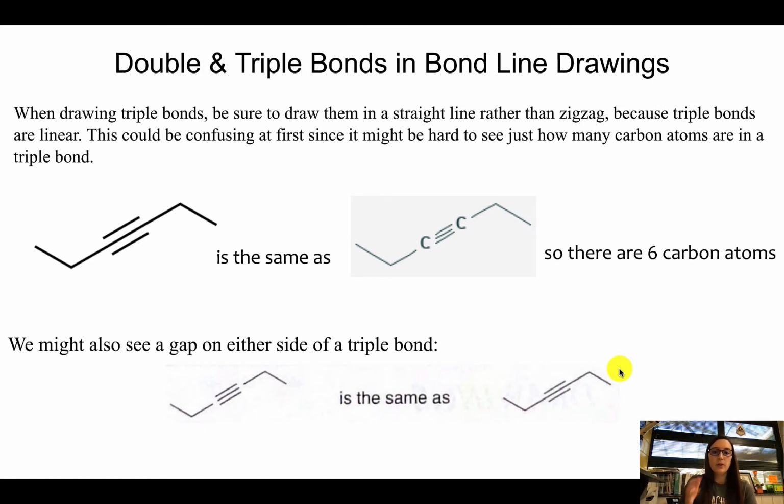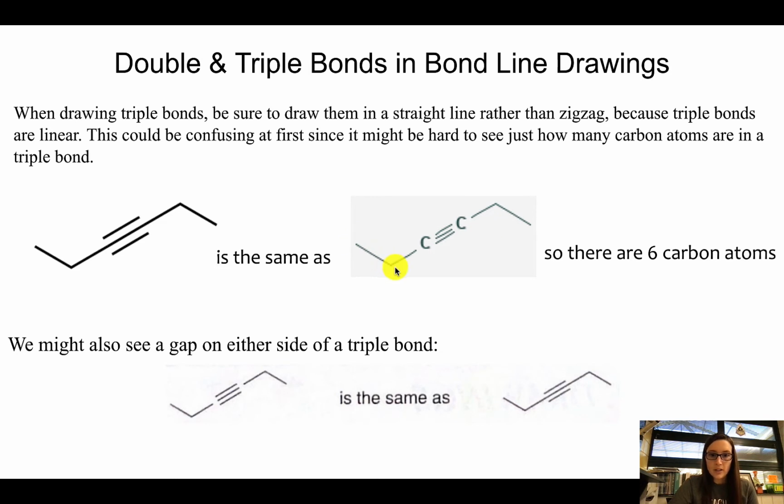Now, when we look at double and triple bonds in bond line drawings, it's important to make sure that we draw a multiple bond in a straight line rather than a zigzag, especially triple bonds, because triple bonds are linear. So it might be kind of confusing at first to tell how many carbons there are, but just keep in mind that when we see a structure like this on the left, it's the same as what we see here in the middle.